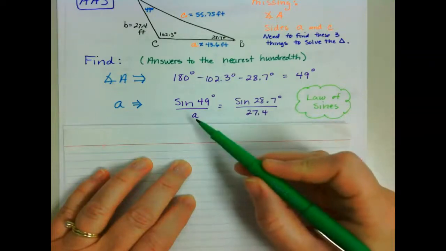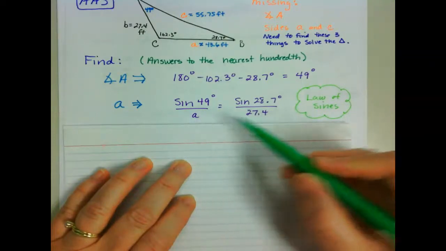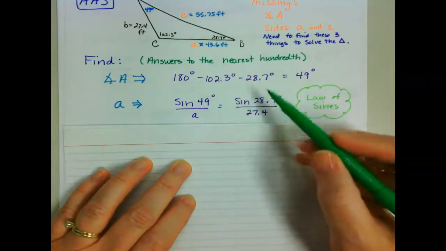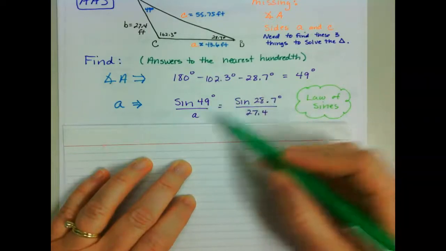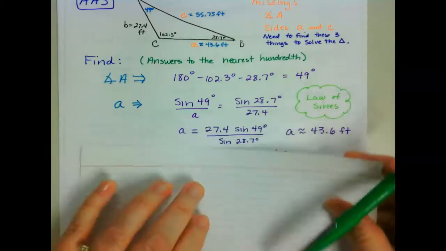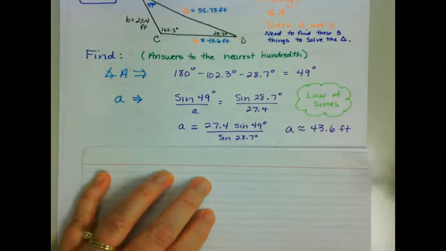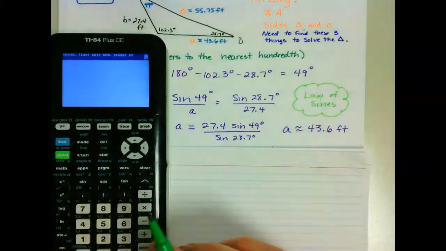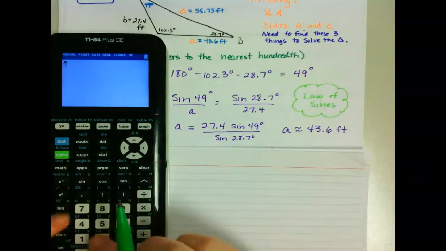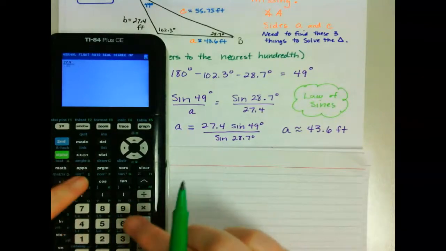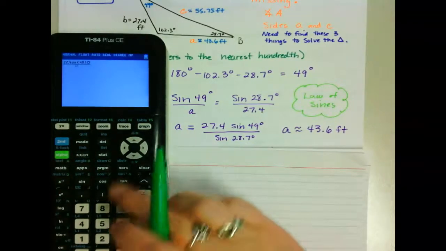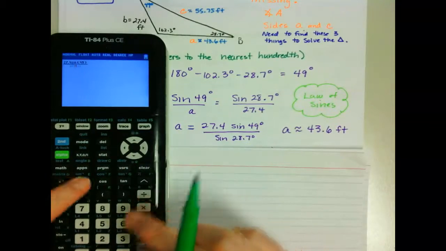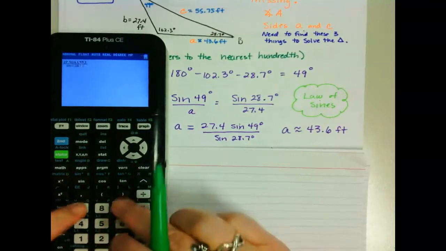So I want to get a by itself. When we solve a proportion, we multiply these two things together and then divide by the third thing, the one that's across from what you're trying to solve for. So we're going to put this in our calculator, in degrees, on our home screen. We get a fraction from the fraction menu, and we do 27.4 times sine of 49 degrees, all over sine of 28.7.